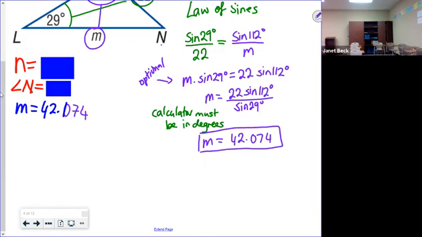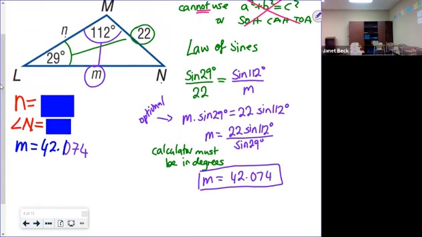So let's have a look at our picture. What do we know so far? What do we still need to know? We've worked out that n equals 42.074. We still have to find this angle and this side length. We can find the angle because the 3 angles in a triangle will always add up to 180 degrees.